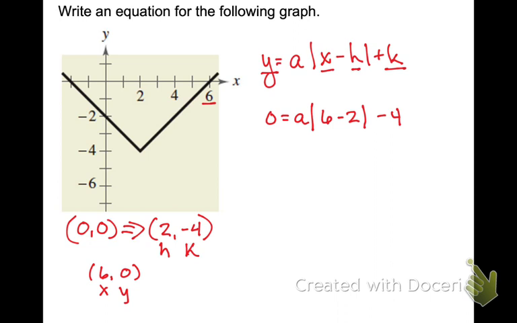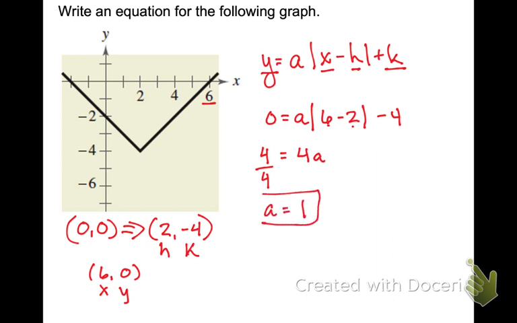Oh wait, that's h, never mind. So absolute value, I have to add 4, don't I? And then 6 minus 2 is 4, so I have 4a. So I divide by 4 and a equals 1.